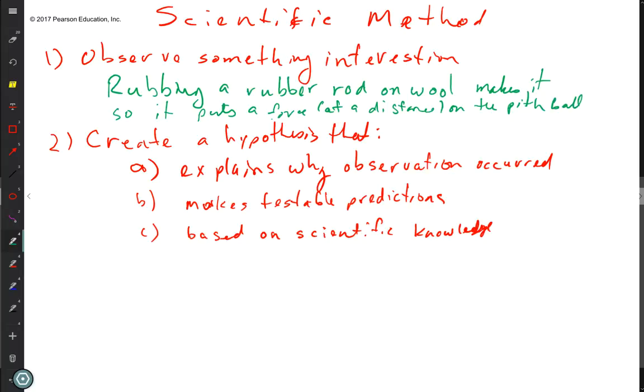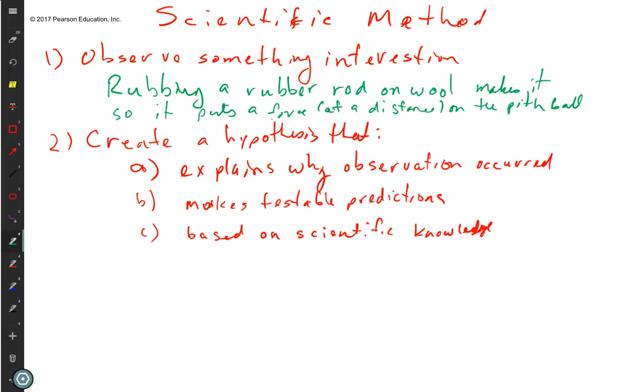Okay, that's actually styrofoam, but traditionally we use pith balls. So that's something interesting. The next step: create a hypothesis that explains why this occurs based on scientific ideas and makes testable predictions.